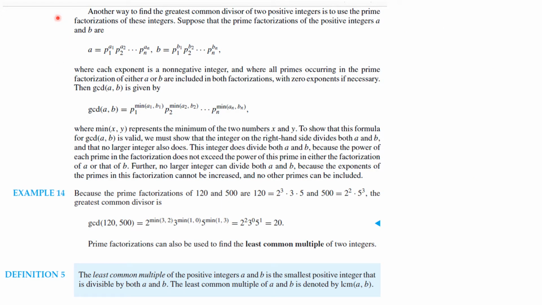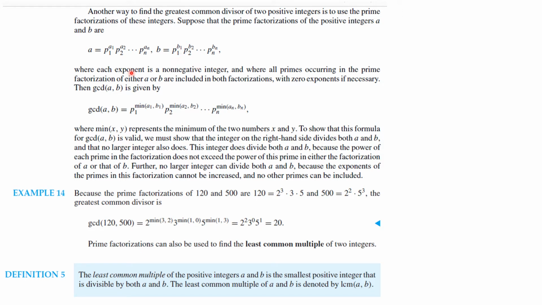Now, this is actually what I do in practice for problems that are small enough to solve by hand. Another way to find the greatest common divisor of two positive integers is to use the prime factorization of the integers. Suppose a is prime factored this way, where you have these exponents associated with the primes, and b is prime factored this way.